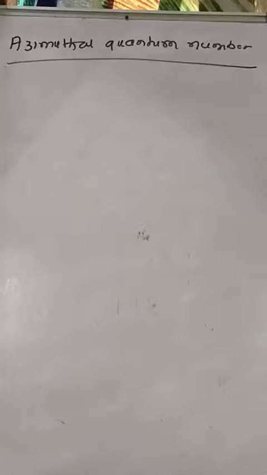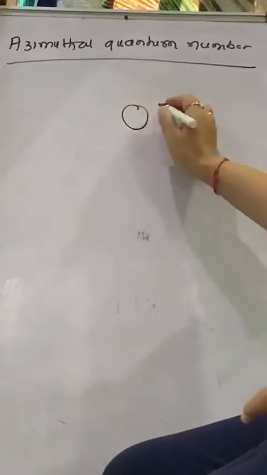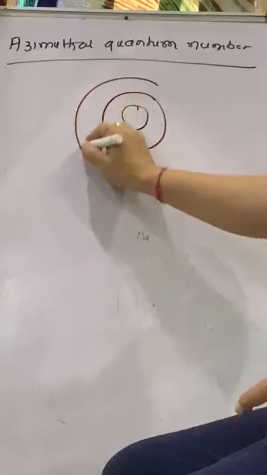If I look at the azimuthal quantum number, this is the nucleus, and this is the orbit.